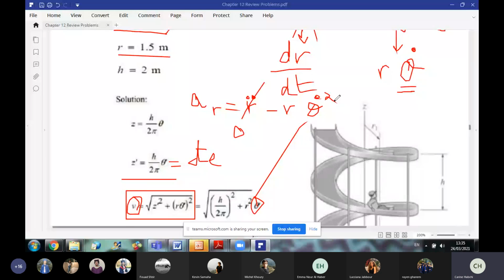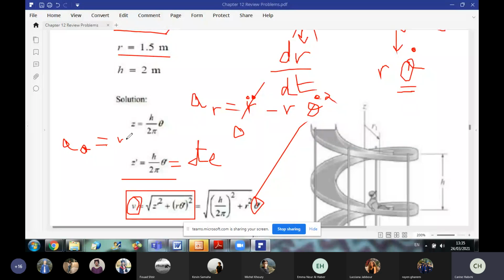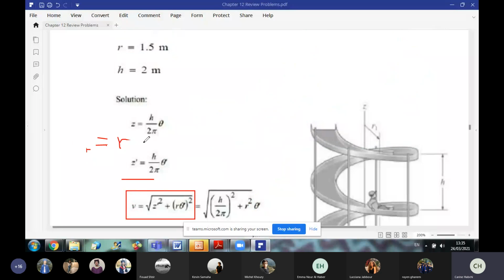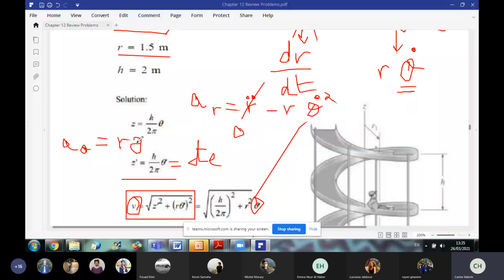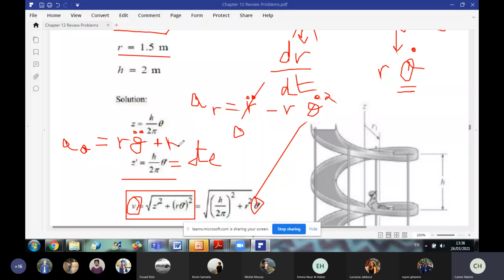Now, concerning A theta, by definition, A theta is given by R theta double dot plus 2 times R dot times theta dot.